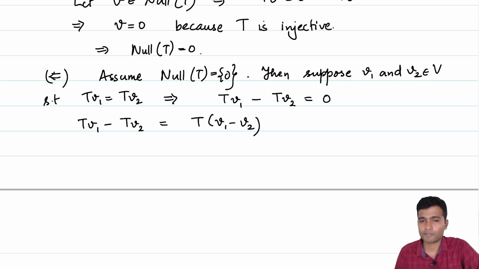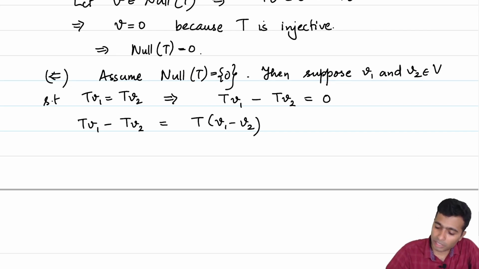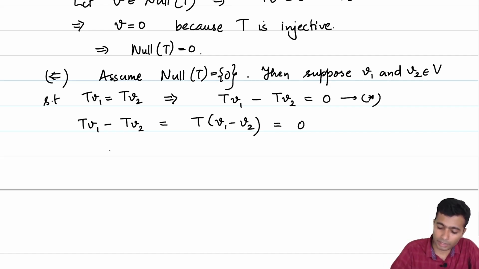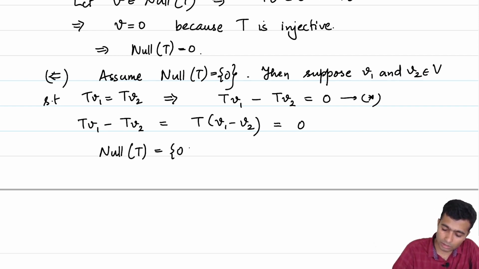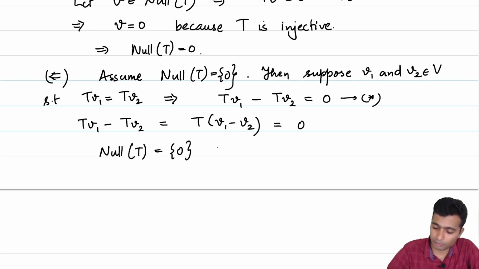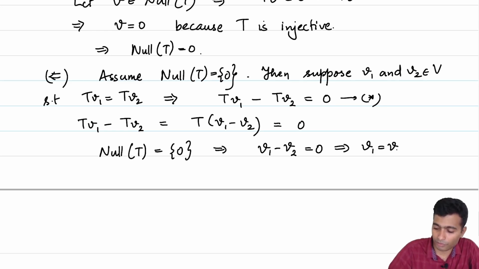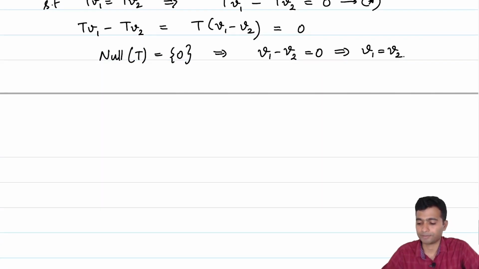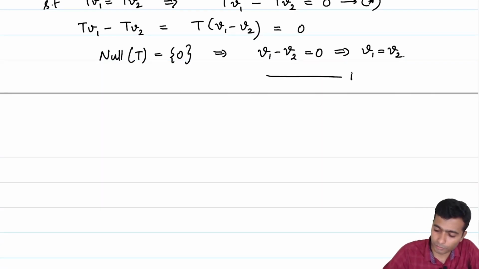Just need to check that T of minus v is equal to minus of T of v, which is the case. But this is equal to our 0 vector as noted here in star. And null of T we know is just the 0 vector here. This implies v1 minus v2 is the 0 vector, which implies v1 is equal to v2, and therefore our T is injective. So this completes the proof.